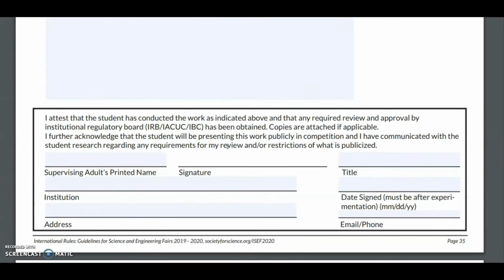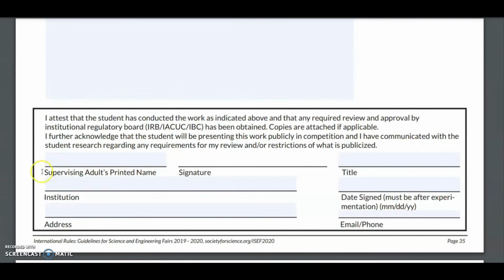And then below, you can see there's a box that says, I attest that the student has conducted the work as indicated above, that any required review and approval by the Institutional Regulatory Board, IRB, IACUC, IBC has been obtained, and so on.